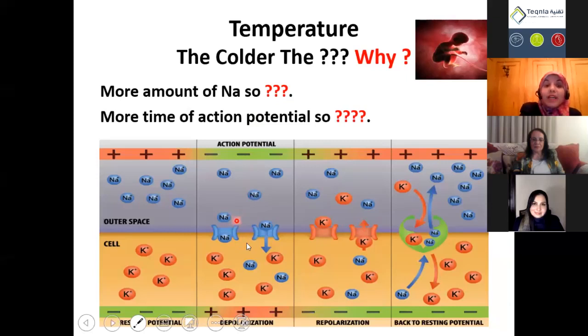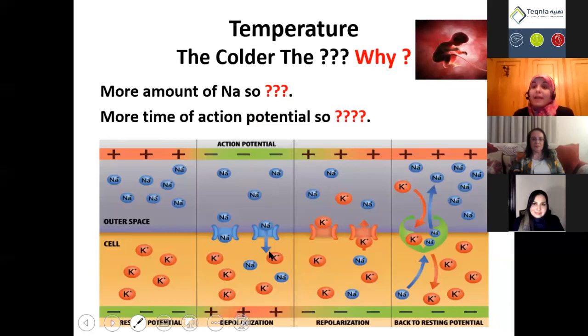And the duration of the depolarization phase of the action potential is prolonged. So the response will take a longer time. Because it takes a longer time, it will travel slower, because at every node of Ranvier it takes a longer time, so it delays the velocity.